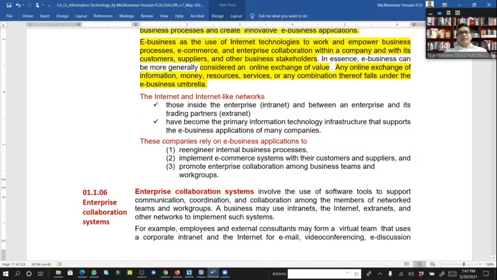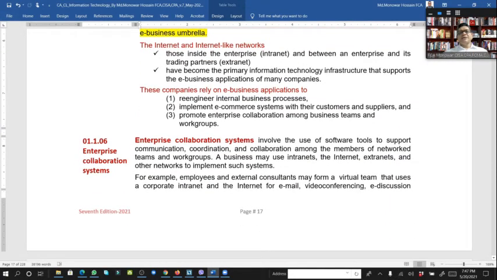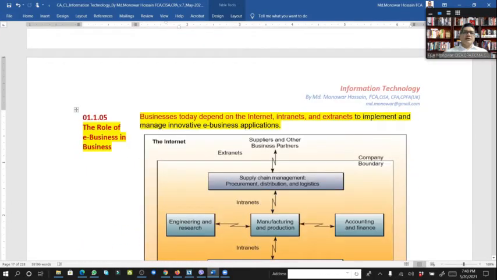And these companies rely on e-business applications, re-engineering internal business processes, implementing e-commerce systems with their customers and suppliers, and promoting enterprise collaboration among business teams and working groups. So this is the role of e-business in business.